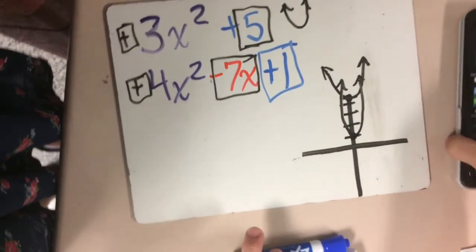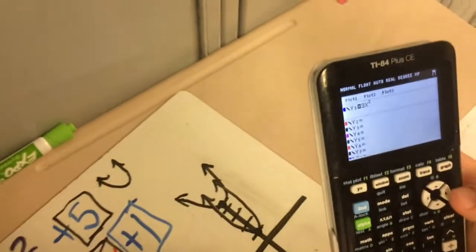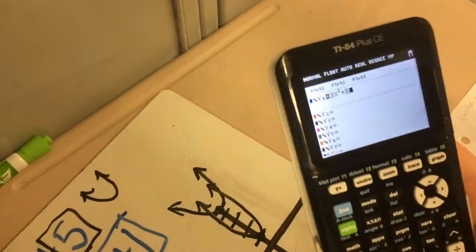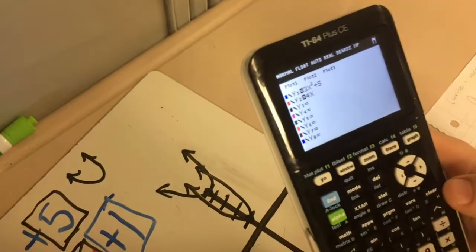Next, you're going to be able to go into your calculator, and you're going to go to y equals, and you're going to plug these two equations in. And then the second equation in. You could put the positive sign if you really wanted to, but you don't really need to.